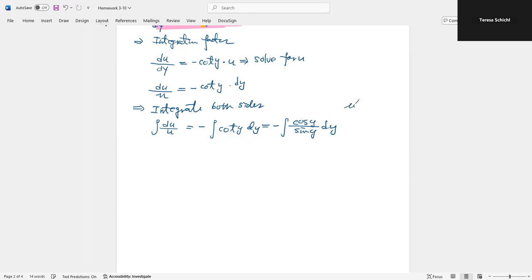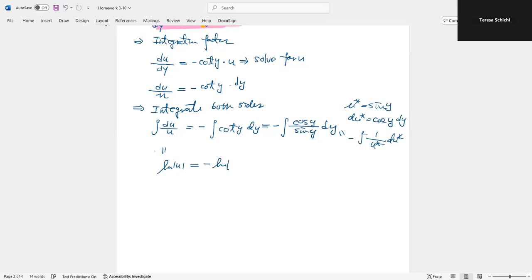I can just say u star equals sine y, then du star is equal to cosine y dy. So this term will just be 1 over u star du star. Okay, so now this one is ln u equals negative ln.